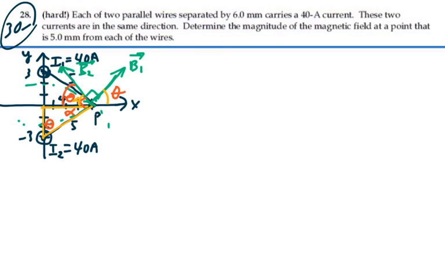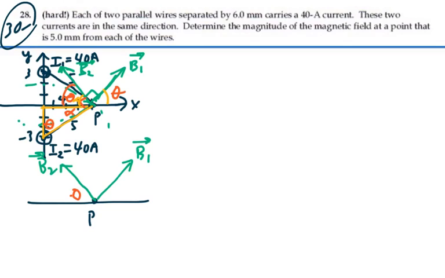So we're going to have our two magnetic fields at point P extending outward from the x-axis, equal in magnitude, up from the x-axis at respective angles of theta on either side.